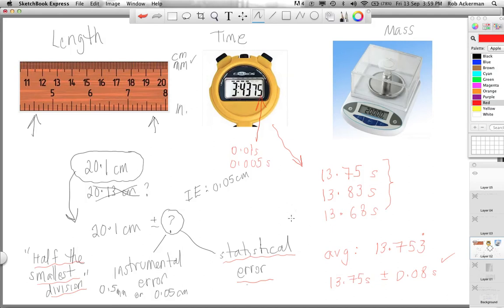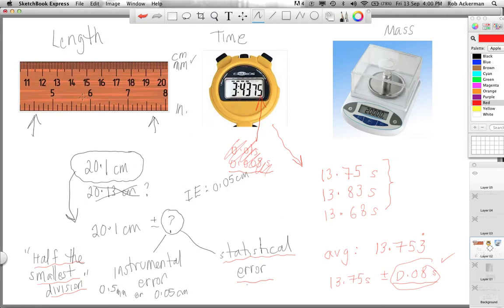And what you might do is add the instrumental error and the statistical error to get a total uncertainty or total error on your measurement. This is something that you can do. You don't always do that. In this case, the dominant error seems to be statistical. It's many times greater than the instrumental. So for the stopwatch here, you might ignore the instrumental error. It's really so small compared to the biggie, statistical.